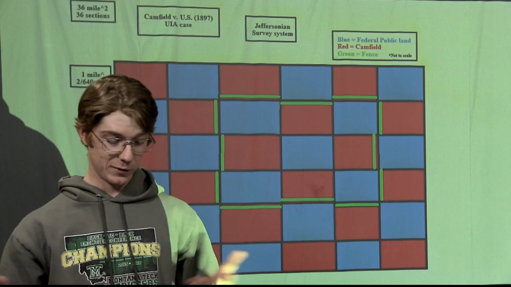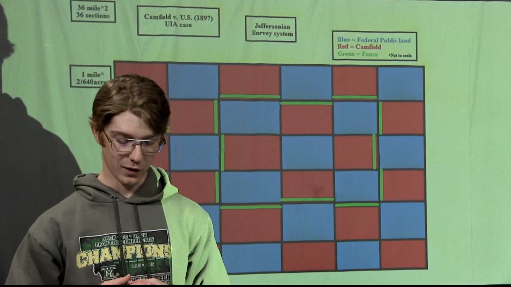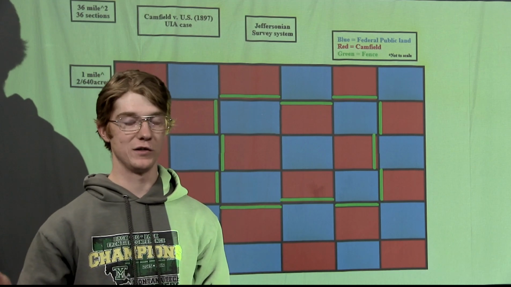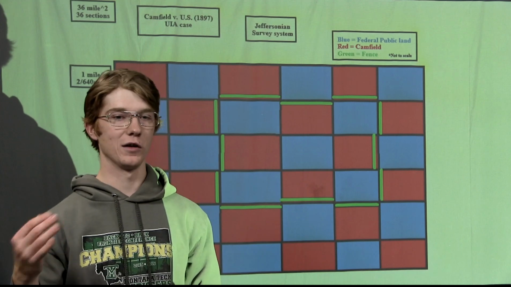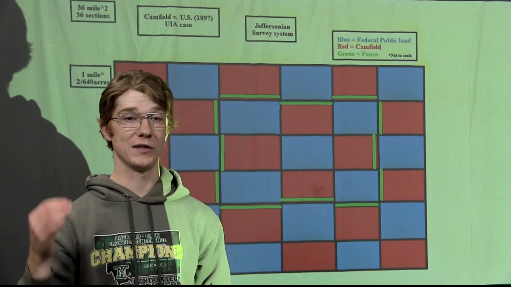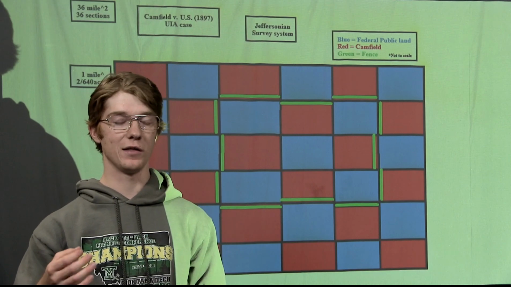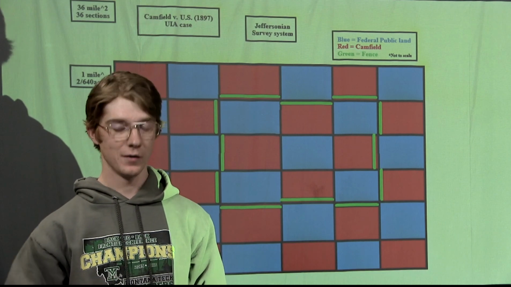So what the Supreme Court means by this statement is pretty much that NEPA is a procedural act. It means that as long as someone goes through the processes and is informed in their decision making, they can make whatever decision they please.